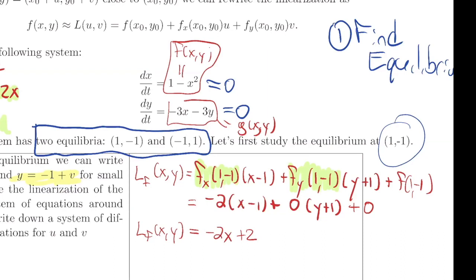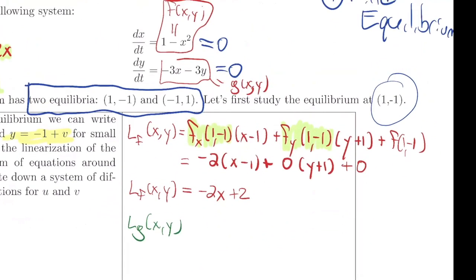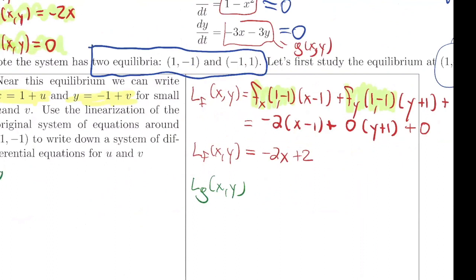Okay, and then we could do the same for g. Where now g of x, y is this, minus 3x minus 3y. So we can take the partial of g with respect to x.